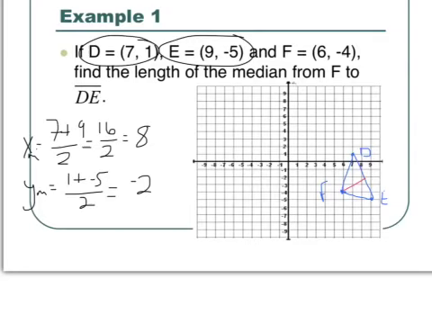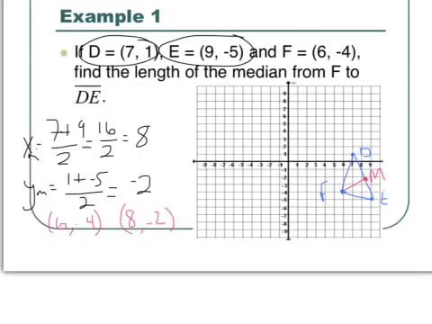So from our new point that we found to F, we'll call this guy here M, that's our midpoint, we want to find the length of FM basically. Alright, so let's use the distance formula to do that. So my 2 points that I have are 6, negative 4, and then M we know is 8, negative 2.